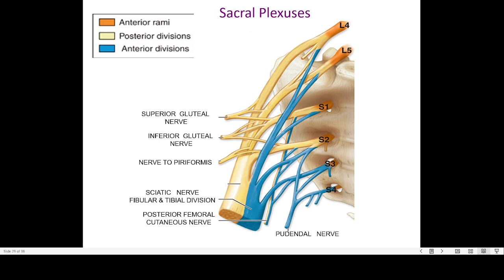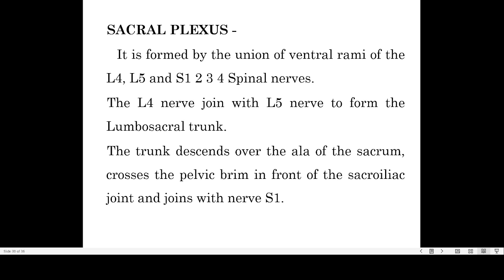So this portion of the sciatic nerve is the important nerve related to the posterior compartment of the lower limb. So this portion is L4, L5, S1, S2, S3, the union of this important portion.